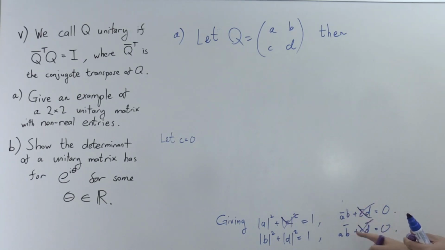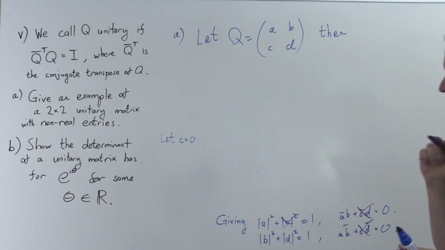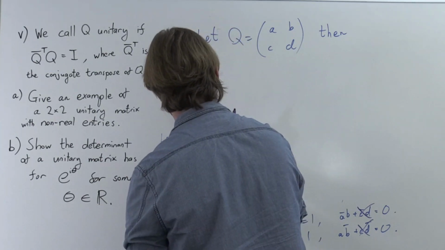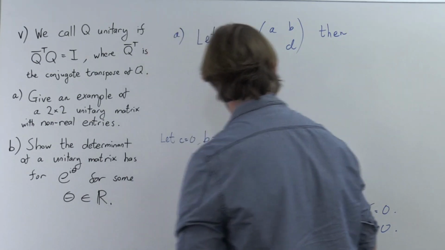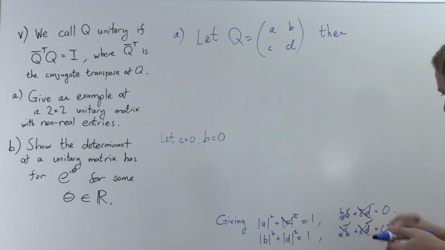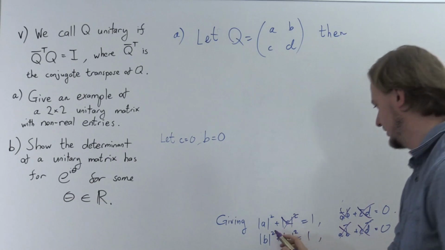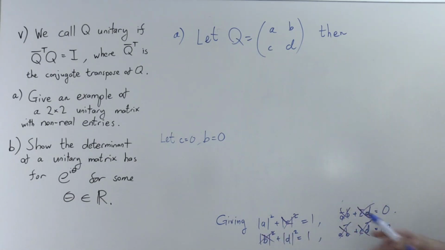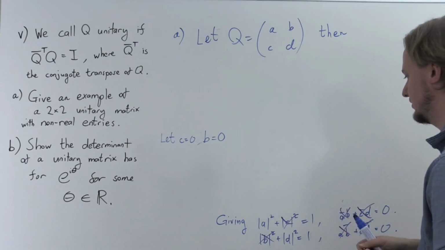So this A can't be 0, but now I'm seeing that the B must also be 0. So let's let B be 0. That's gone from my condition. These are satisfied. So I'm left with actually two conditions. A must be a number whose modulus is 1, and D must be a number whose modulus is 1.